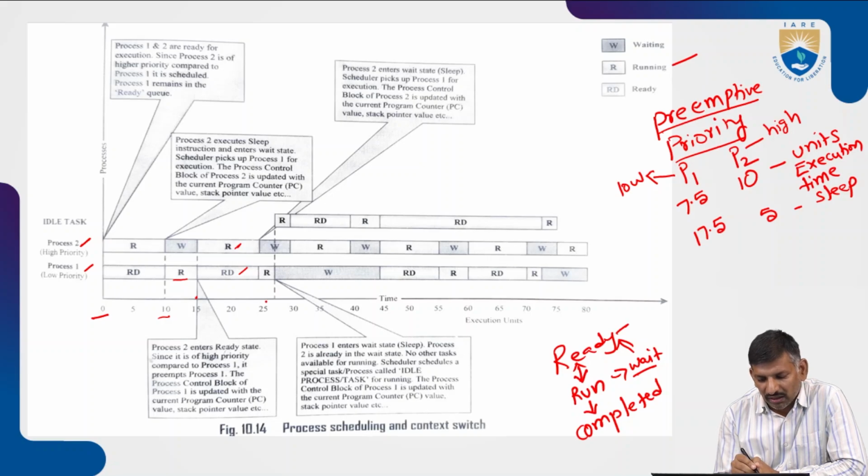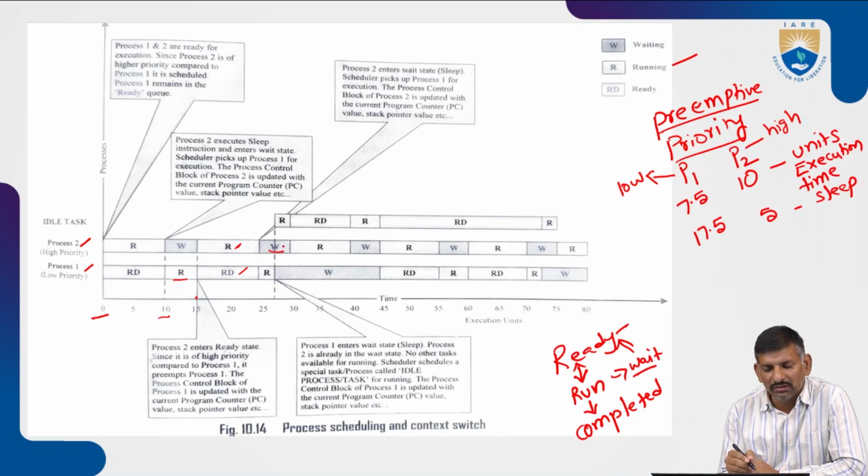P2's execution time is 10 units, so 15 plus 10 gives 25 milliseconds. At the 25th millisecond, P2 goes to the waiting state. The scheduler again checks the ready state, and only P1 is available, so P1 is scheduled and enters the running state.